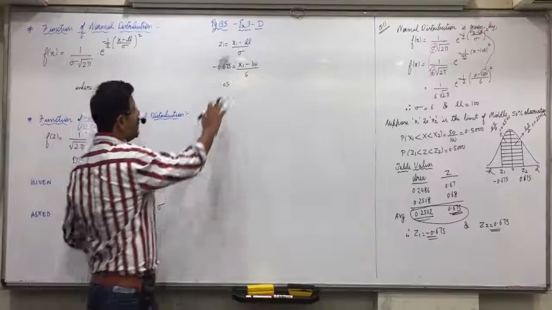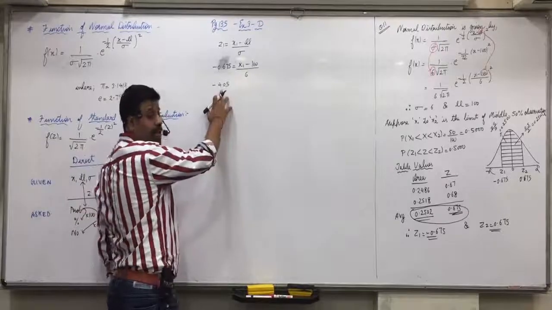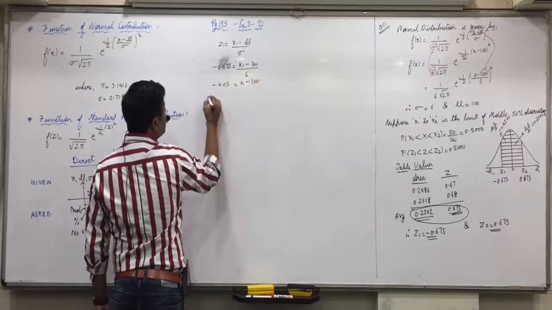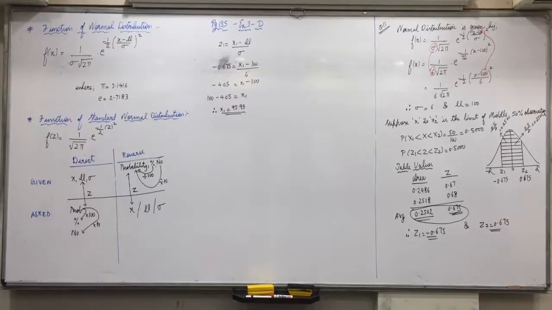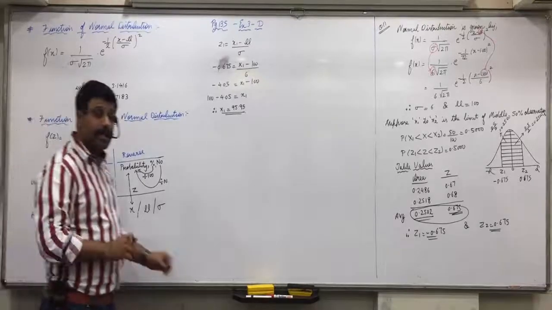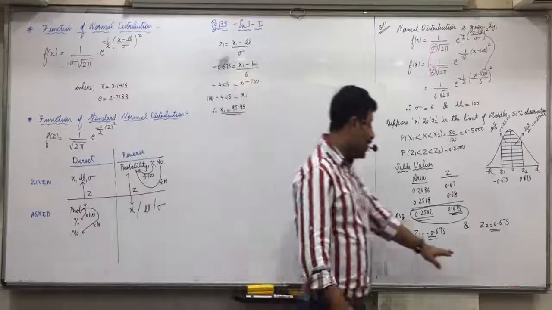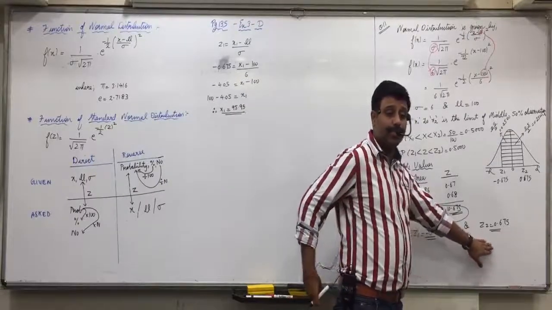0.675 into 6 is 4.05, so minus 4.05 equals x1 minus 100. Minus 100 on the left side will become plus, so 95.95 is the value of x1. Any confusion in this? Same procedure we'll do for z2 and find the value of x2.